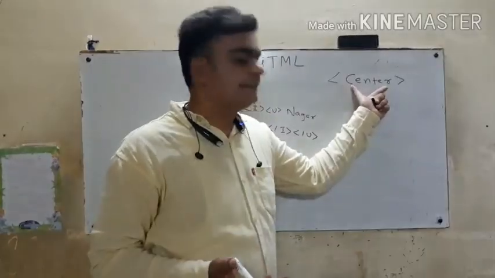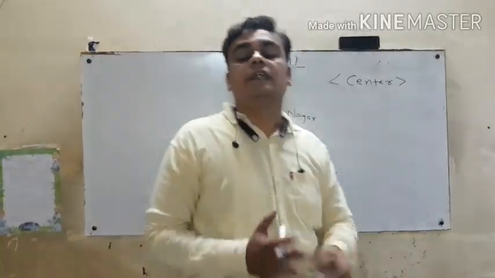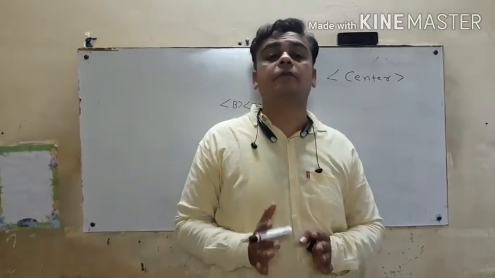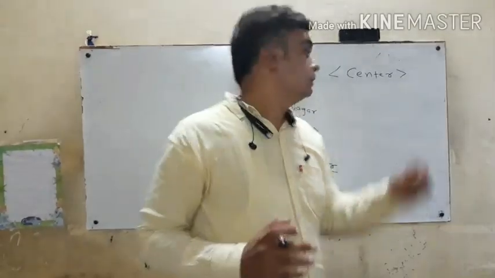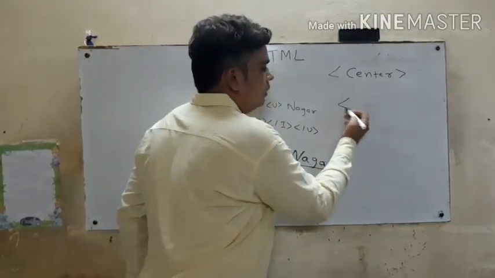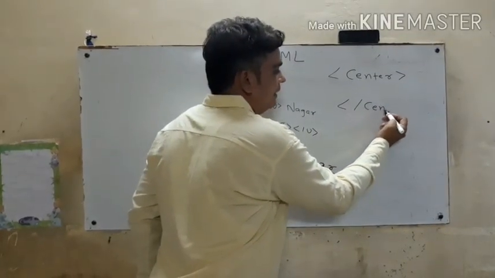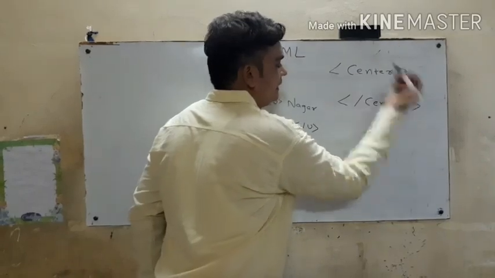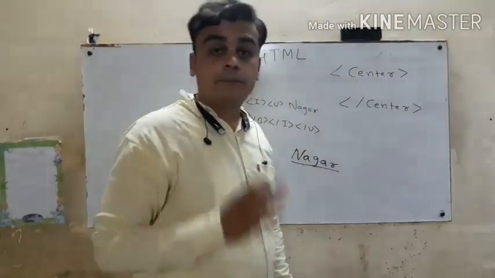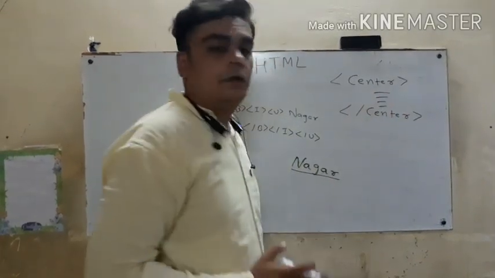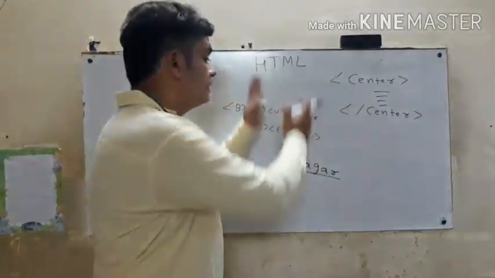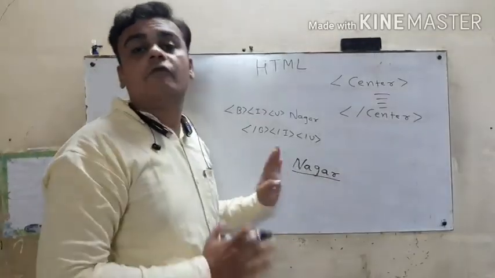As the name suggests, the center tag is used to display the information at the center position of my window. So it is also a pair tag, and its companion tag is /center, and the information present between center and /center will be displayed at the center position of my web page.